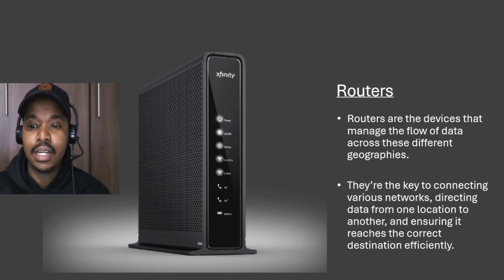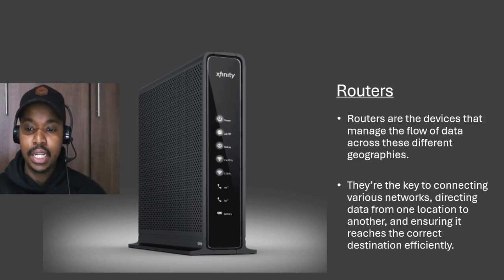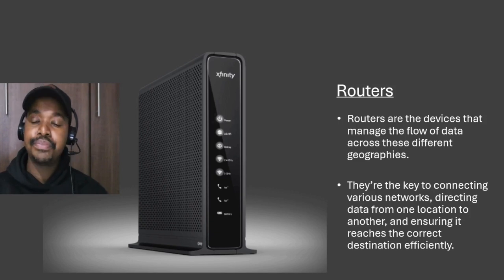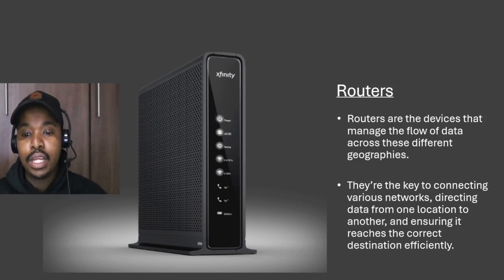So basically routers are devices that manage the flow of data across different geographies. They are the key to connecting various networks, directing data from one location to another, ensuring it reaches the correct destination efficiently. When you're thinking about routers, you need to think of them as navigators or traffic controllers of the network.